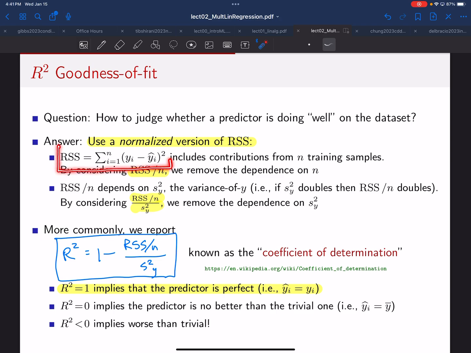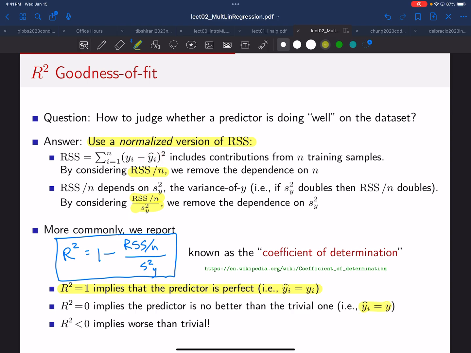Just from the Y's alone, how should I choose this value to minimize this expression? Yeah, the mean, exactly. The best thing to do if you're going to ignore your features is just set all the Y hat i's to the mean. So that's what we have over here.